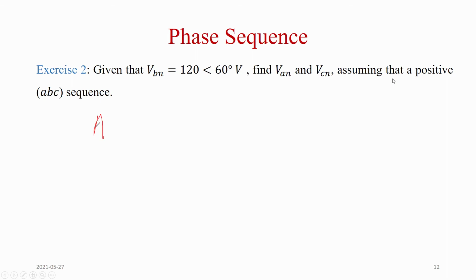A, then B, then C. They say you have a positive sequence, means A, B, C. They give you the voltage here, VBN, 120, angle 60. They say find VA and find VC.